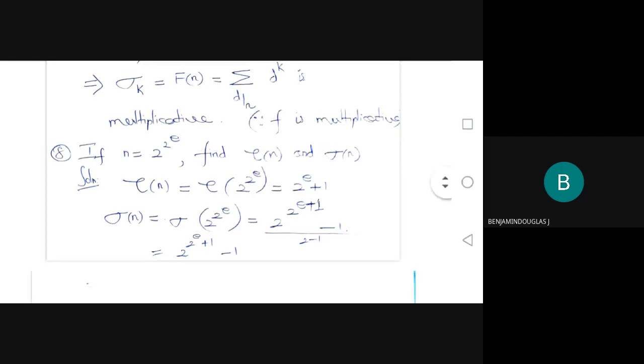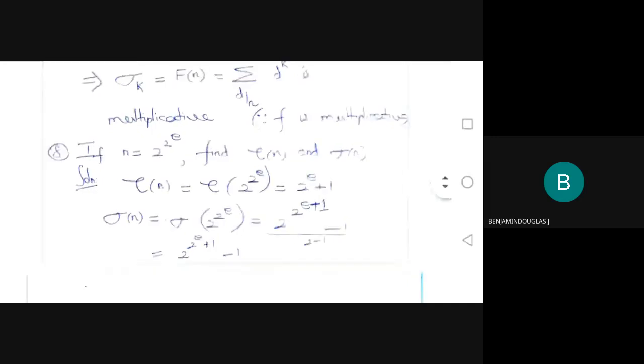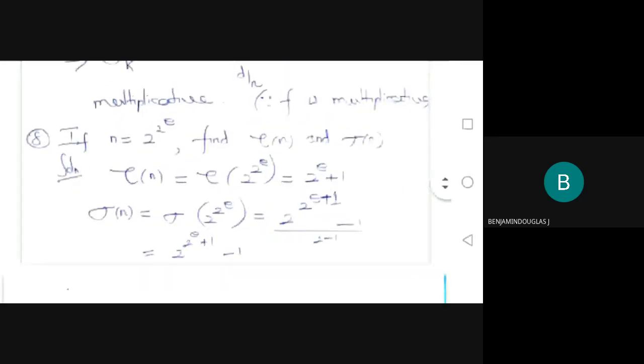Then sigma of n. Here n is equal to 2 power e. You know sigma of p power k is equal to p power k plus 1 minus 1, divided by p minus 1. That is the formula. Here the k value is e and p is 2.